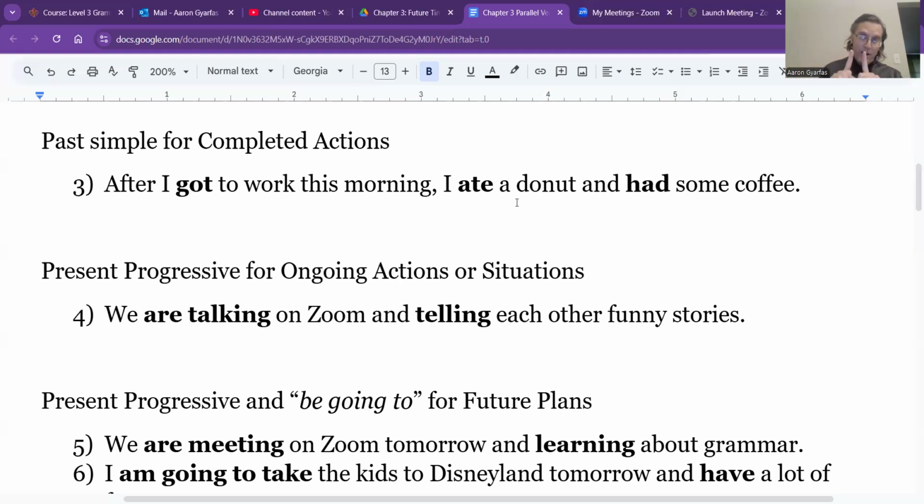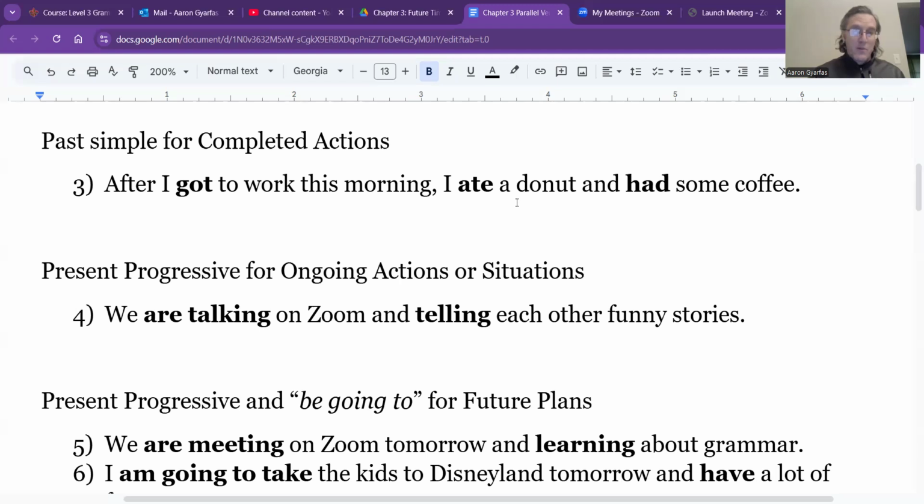You only need one be verb, we are, and then you have that ing verb talking. If you have any other verbs after that, you need the ing form of the verb only. We are talking and telling.